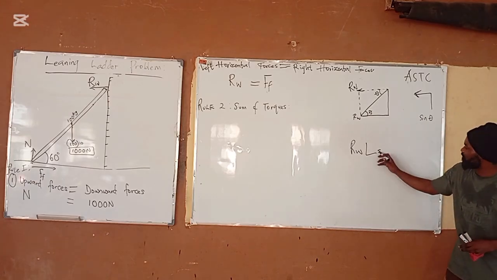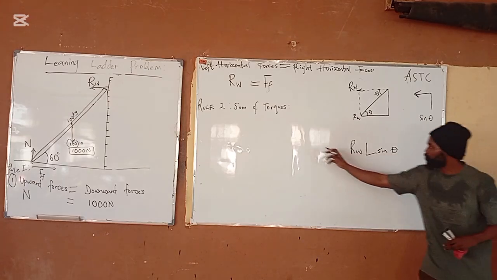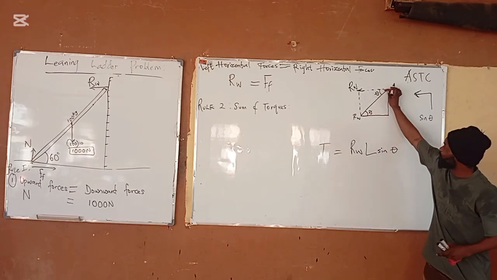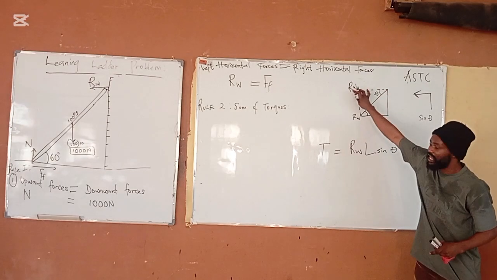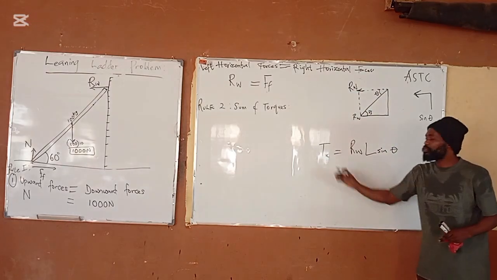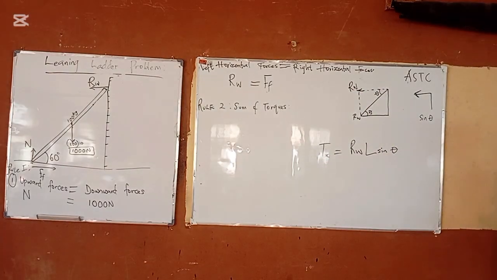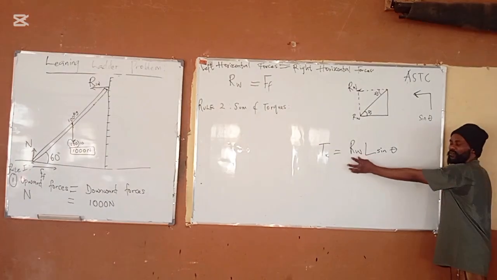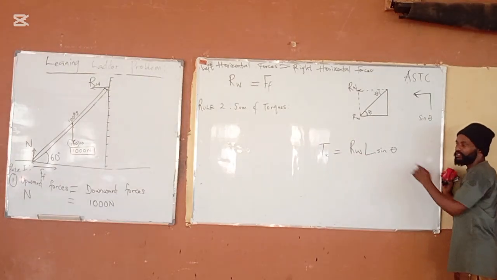So I will come and put the sine theta I have here. That means that the torque on this is simply, notice, this particular force is on the x-axis, is it not true? Yes. So I can say that the torque on the x-axis will always carry sine theta. So this thing is simply the force and the distance, sine theta.